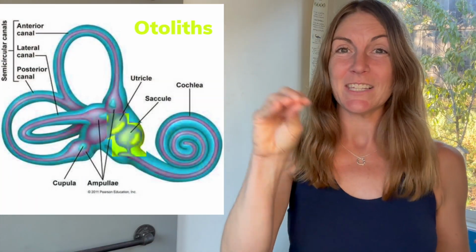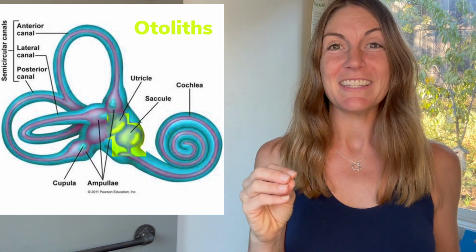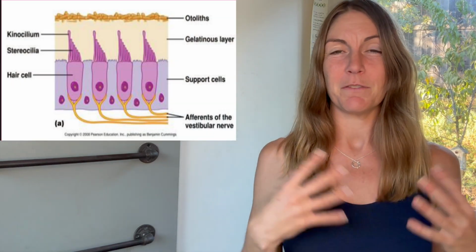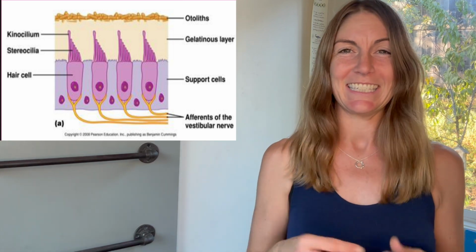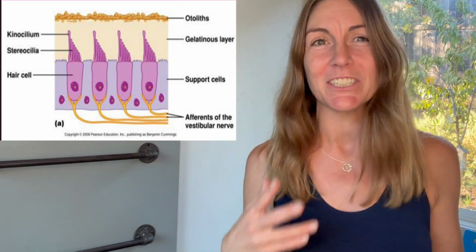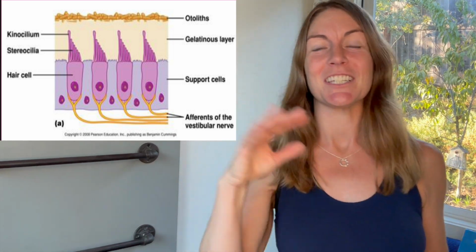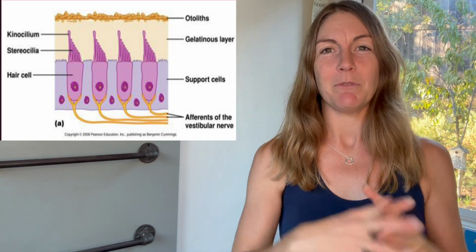So now we're moving into these otolith organs. Otolith means ear stone, like literally. If you've ever met someone that's had a crystal out of place, vertigo, these crystals can, if we have too much inflammation, get dislodged and move into the semicircular canals. They're not supposed to be there. So there are crystals. So how do these otoliths work?